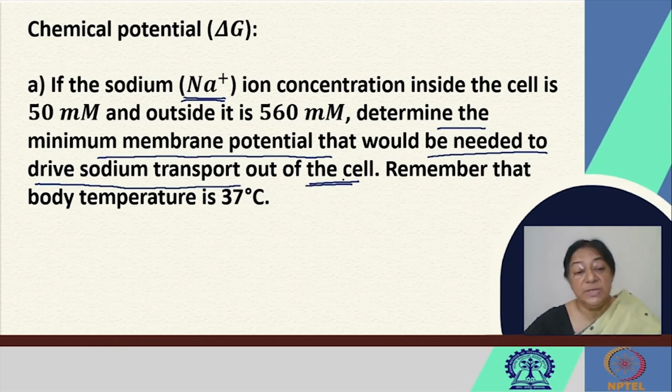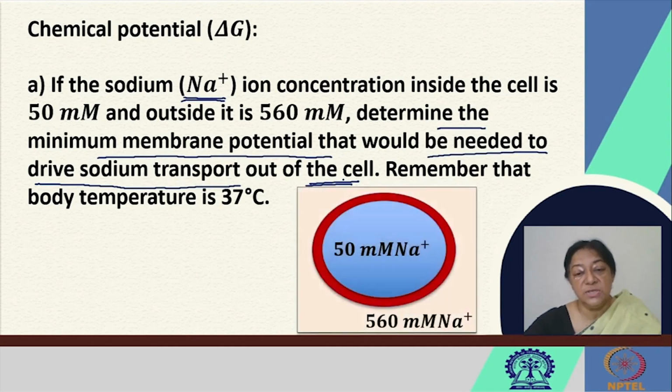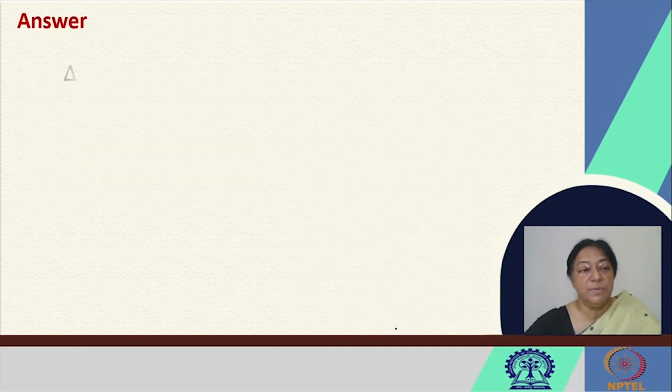We have a body temperature of 37 degrees centigrade, which we have to use for our expression in this case. So this is what our problem schematic is. We have inside the cell 50 millimolar sodium ions, and outside we have 560 millimolar sodium ions.